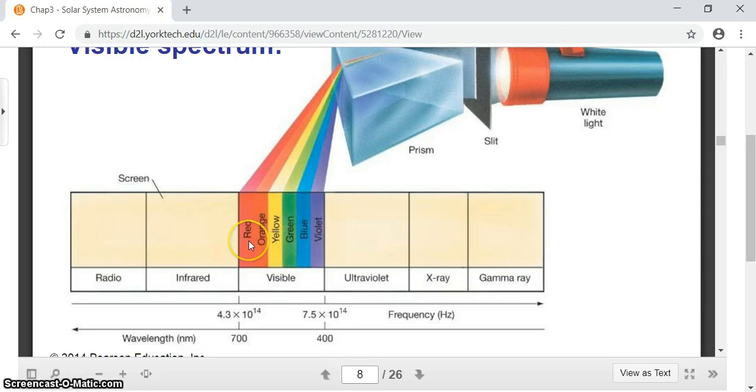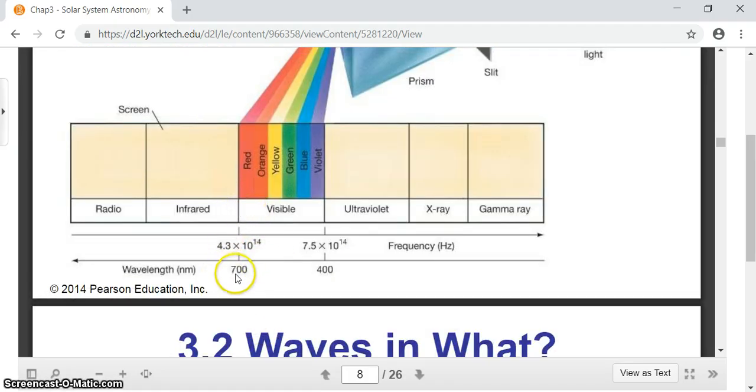The deepest red that humans can detect with our eyes is normally described by astronomers in terms of wavelength. The deepest red the human eye can see is about 700 nanometers, and the deepest purple is about 400 nanometers.